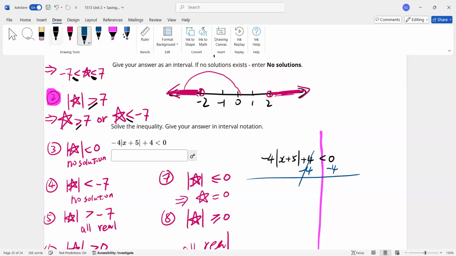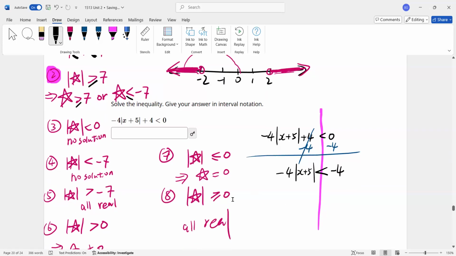And then we have -4 absolute value of x plus 5, close absolute value, less than 0 minus 4, which is -4, right? Okay, this part is a little bit challenging, just in case you forget. Keep peeling the onion. The next layer we're going to get rid of is -4.